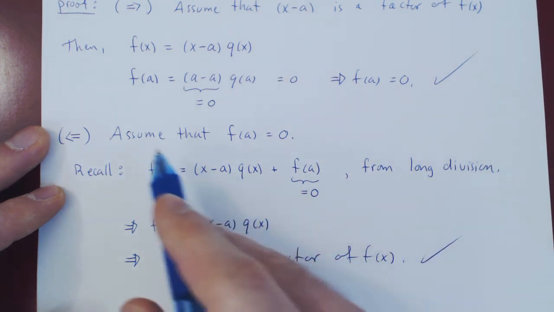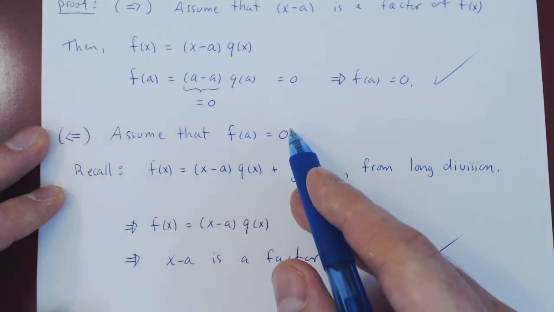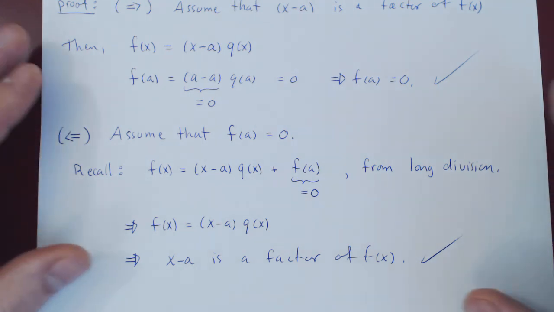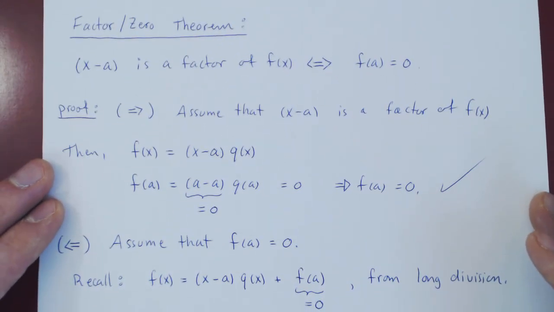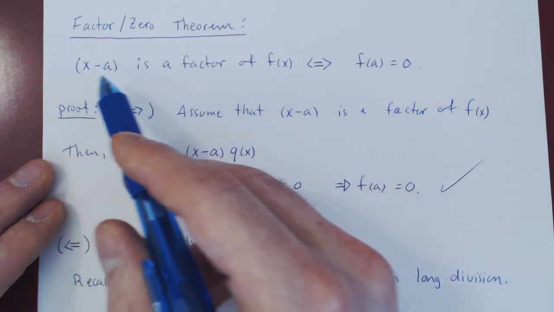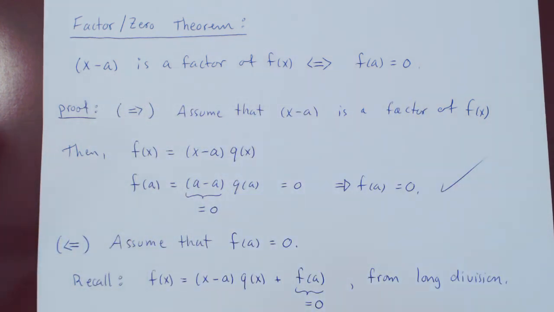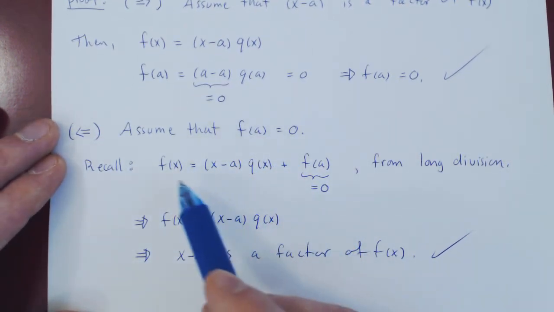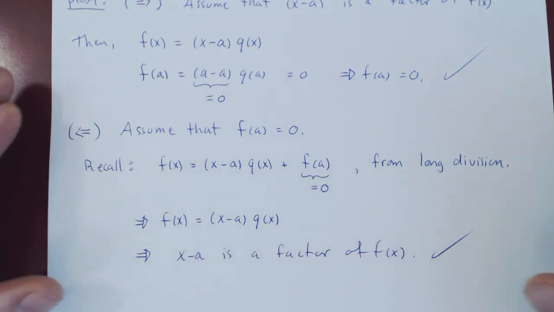We've proved that if f of a is 0, automatically x minus a is a factor of f of x, which was our conclusion. And that's it. And this is how you prove the factor theorem using the result of long division.